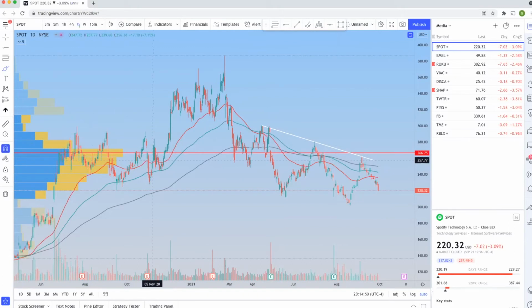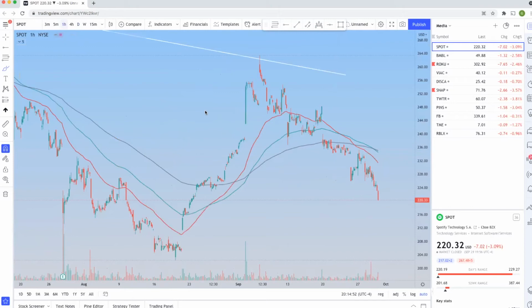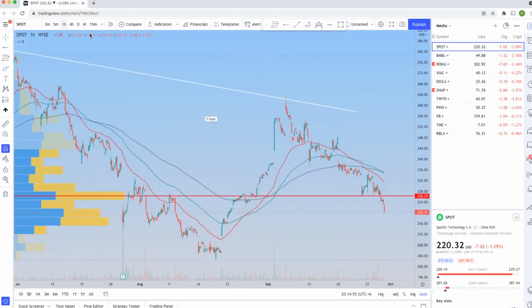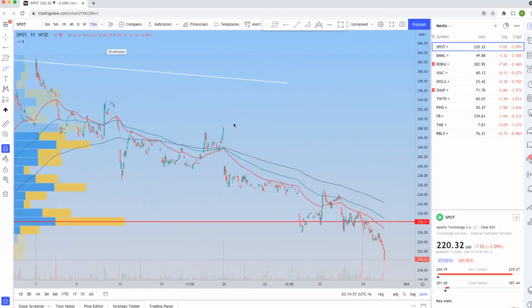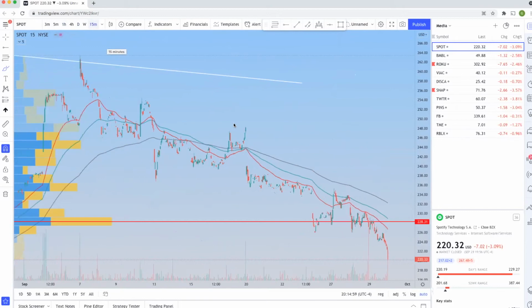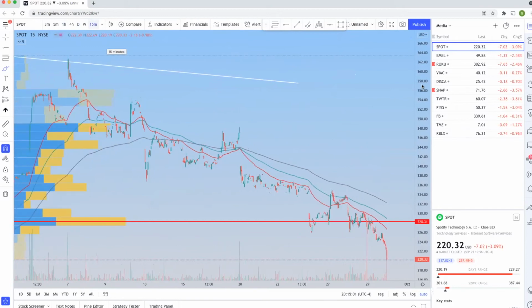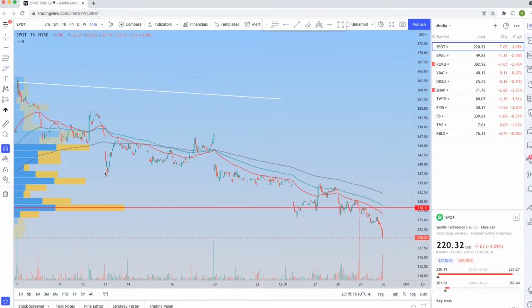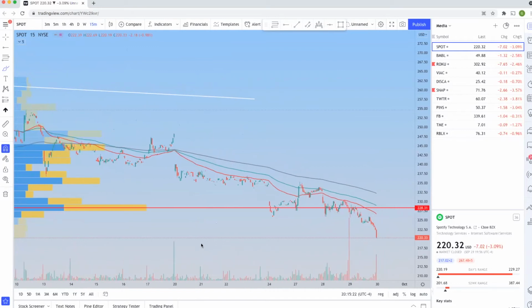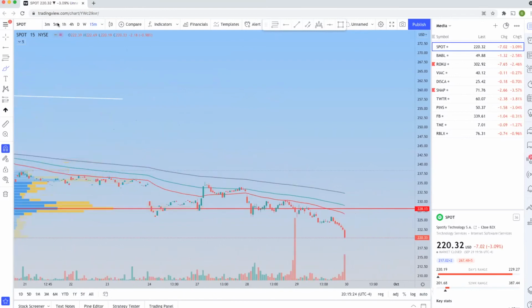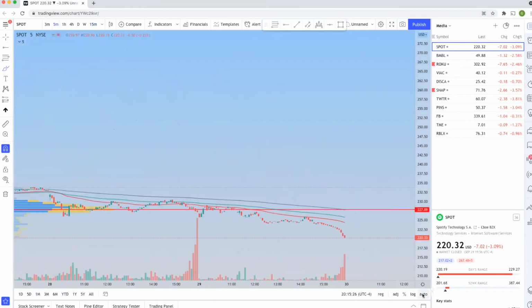If you want to switch to hourly or even 15 minutes for day trading, it's the same concept. So let's say day trading, you would go maybe a couple days back, 5 minutes.